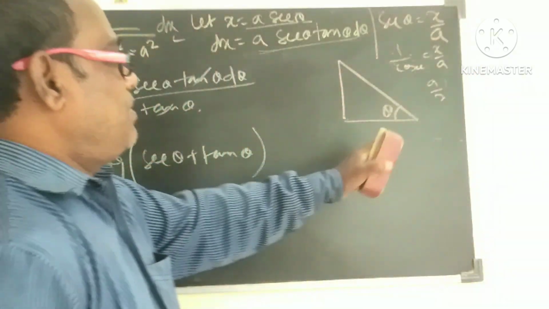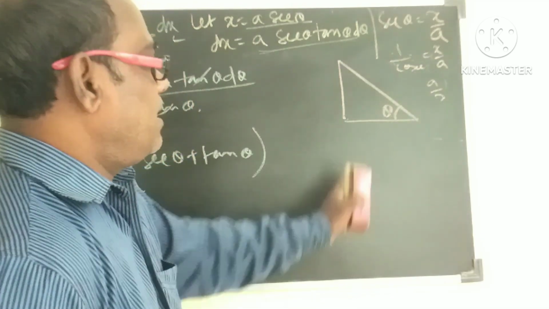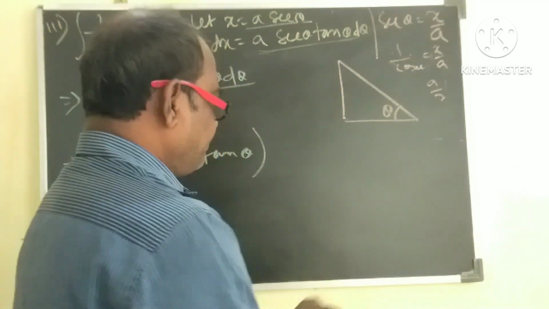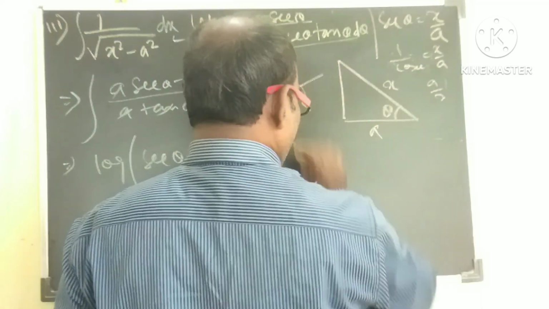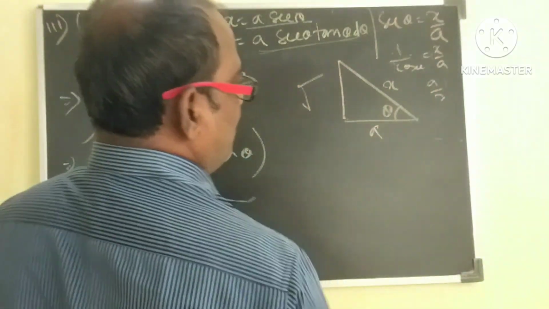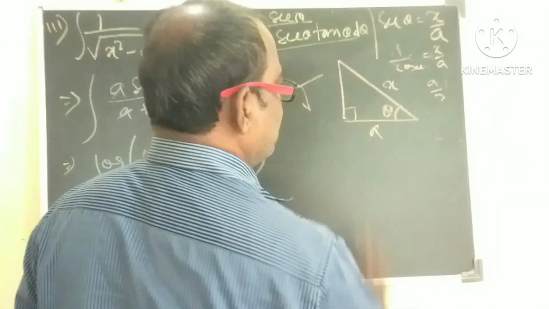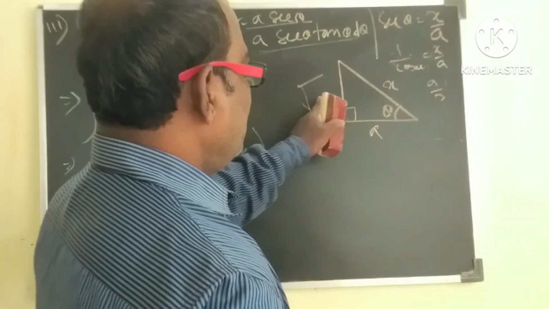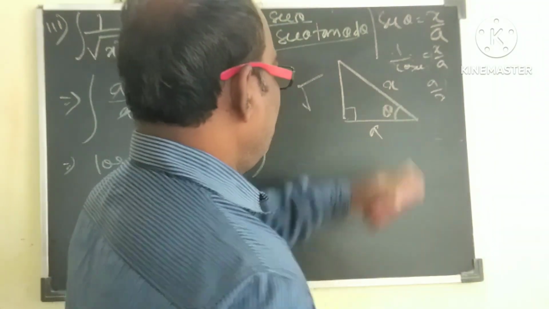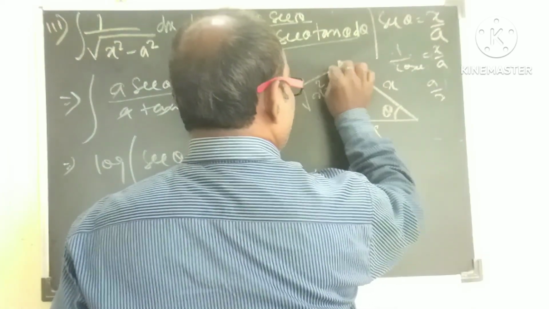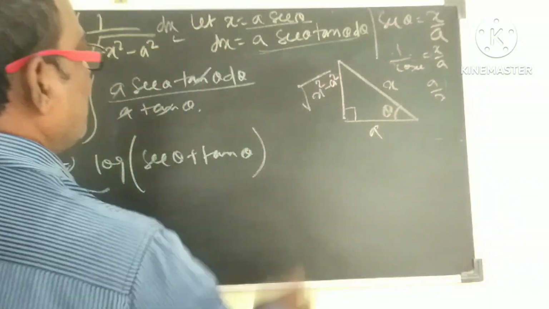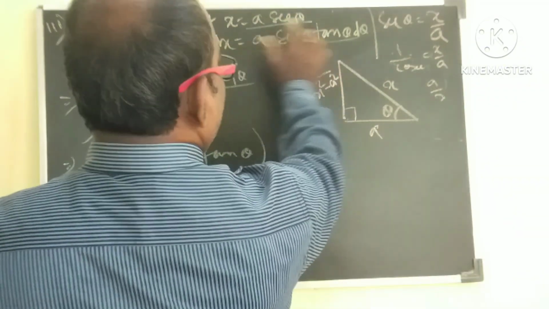So again, this is a, this is x, then by the help of Pythagoras theorem in a right angle triangle, this will be root over x square minus a square. So we know the value of secant theta is x by a.